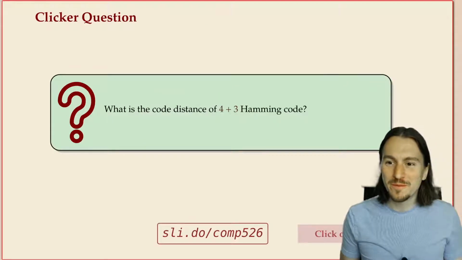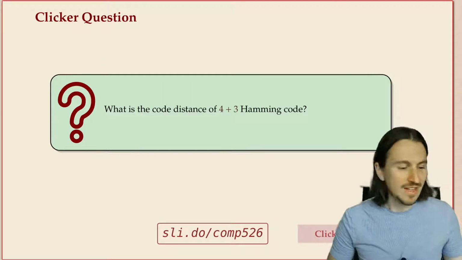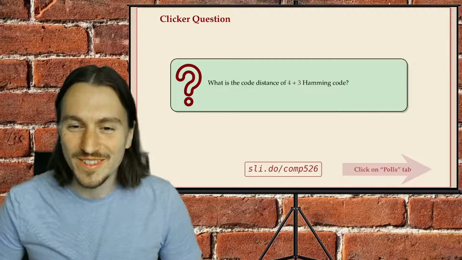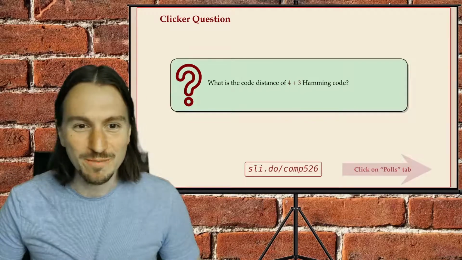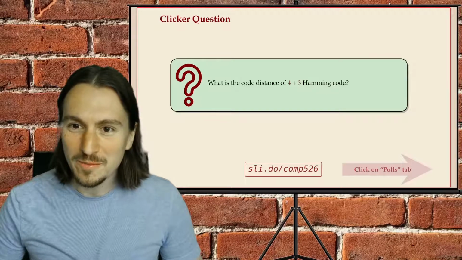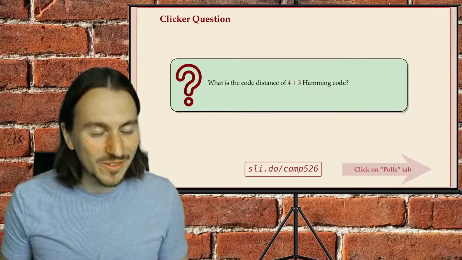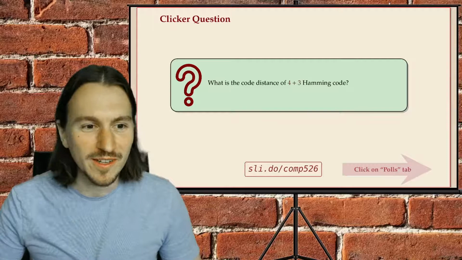If you remember from the lower bound chapter, we talked about code distance. It was last week. It would have been nicer to have this in one session, then memories would have been fresher. But please head over to Slido. I set this up as a tag cloud answer.